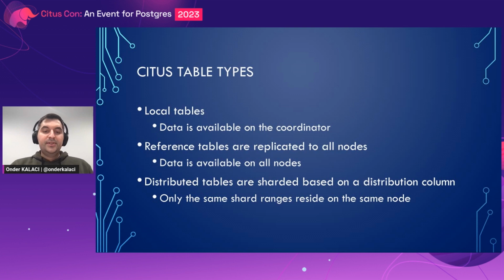Then reference tables are replicated across all nodes, so the exact same copy of the data of a reference table is replicated on all nodes in the cluster. And then the most common table type in Citus is distributed tables, which are sharded based on a distribution column. So the same shard ranges reside on the same nodes for different distributed tables.